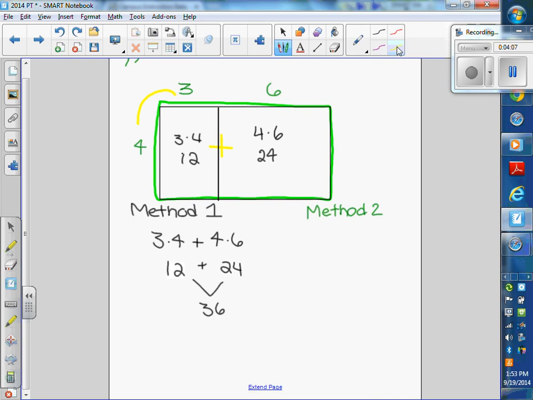So one big rectangle would just be thinking of the width as 4 times the whole length, which is 3 plus 6, because if this is 3 and this is 6, how long is the whole thing? Yeah, Jason, 9, right? So our method is to do 4 times 3 plus 6, and do the 3 plus 6 first, so we put parentheses. And 4 times 9 is 36, so we get the same answer in a different way.